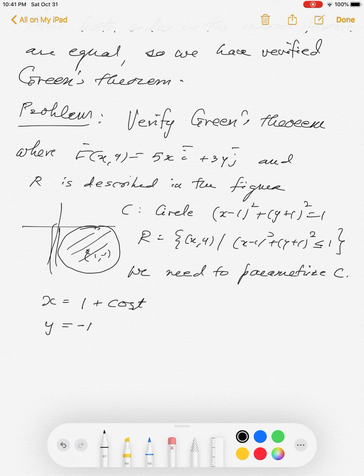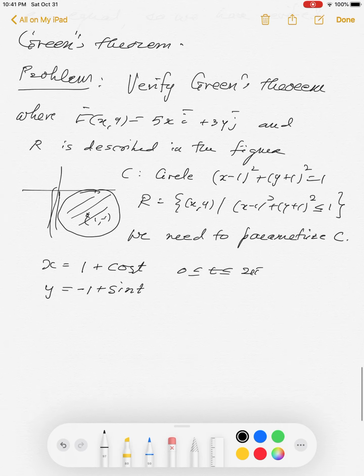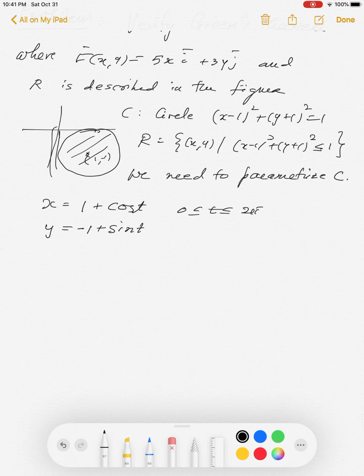So x minus 1 is cos t, so x is 1 plus cos t. y plus 1 is sin t, so y is minus 1 plus sin t. That's a parameterization. t runs between 0 and 2 pi.